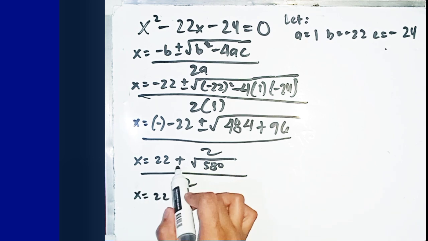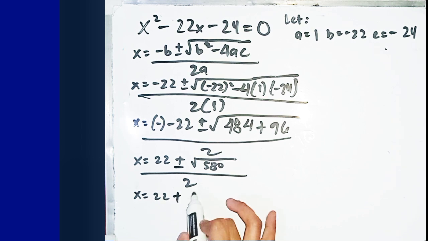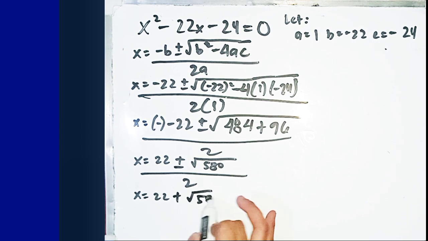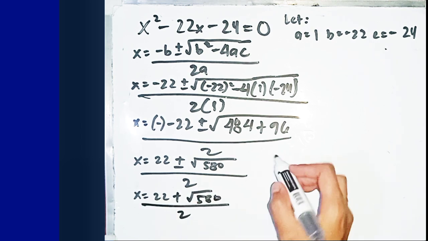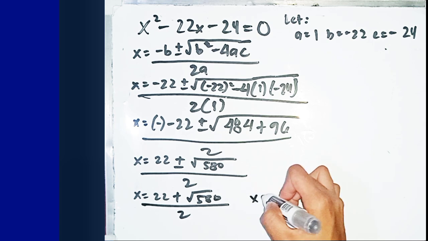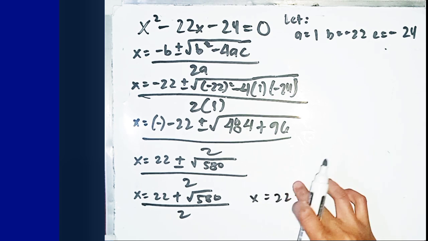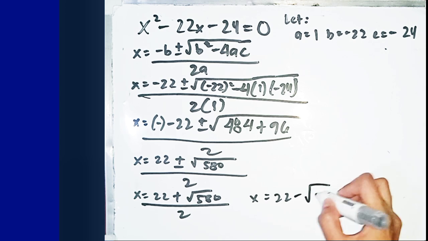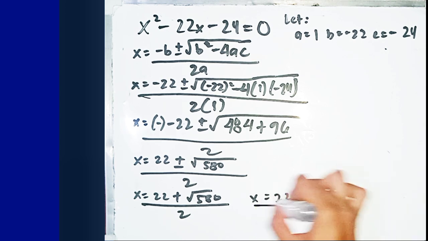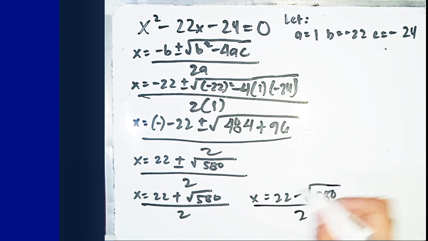So first let's do the positive: 22 plus square root of 580 all over 2. So how much is that?